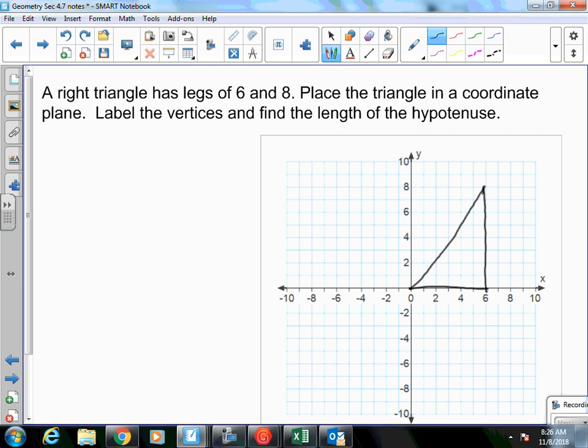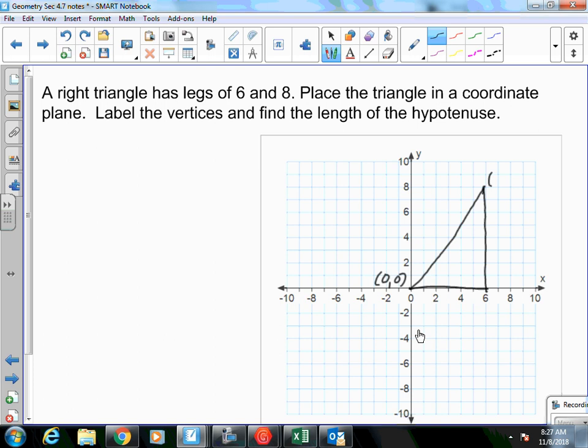One thing about using the origin as one of your points is we're about to find the length of the hypotenuse. Finding the length of anything on a coordinate plane usually means we're going to use the distance formula. If you use the origin, you've got zeros in there, which makes the distance formula a whole lot easier. The origin is the point (0, 0), so that's one end of the hypotenuse.